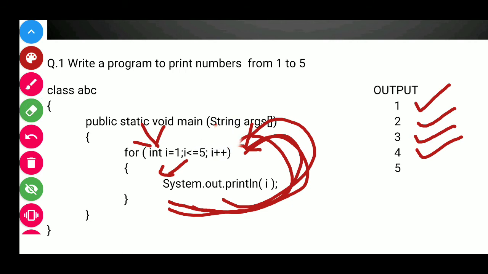Here i will become 5. 5 is less than or equal to 5. Yes, the condition is again true. It will get inside. System.out.println(i), it will print 5. Then again it will reach the increment. i will become 6.